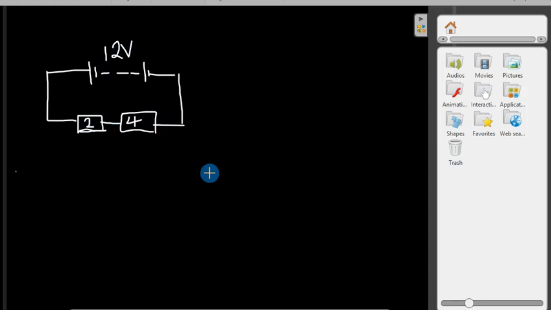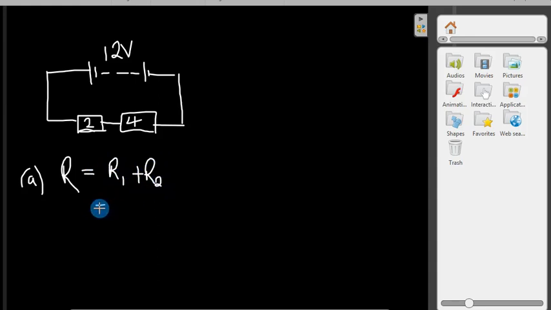So the first question is, calculate the total resistance in the circuit. From the equation that we just looked at for resistance, the first thing is you state the equation you are using. So for part A, we are going to have resistance is equal to R1, because we are dealing with components connected in series, plus R2, and they are just the two of them, so no need for R3.